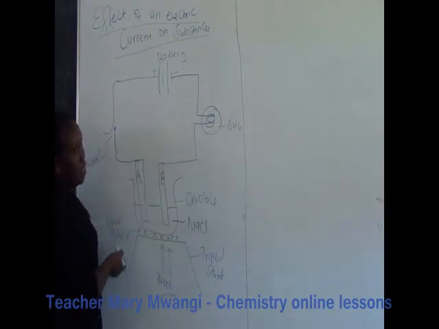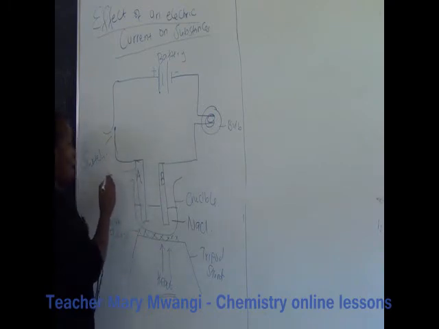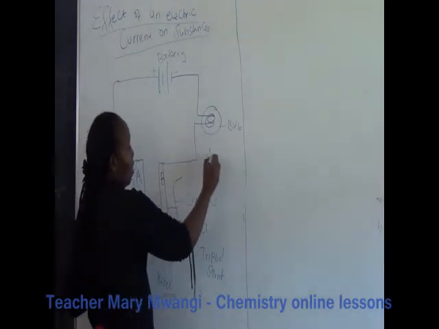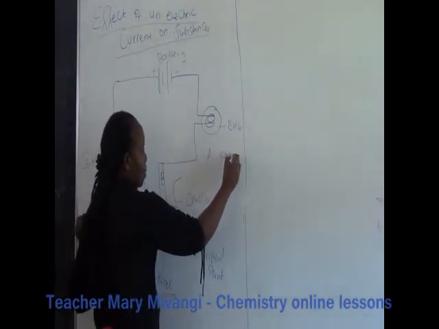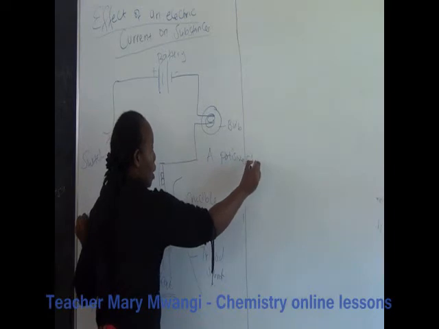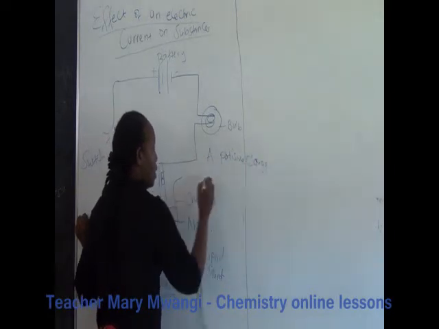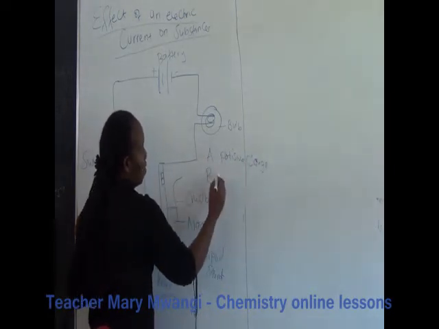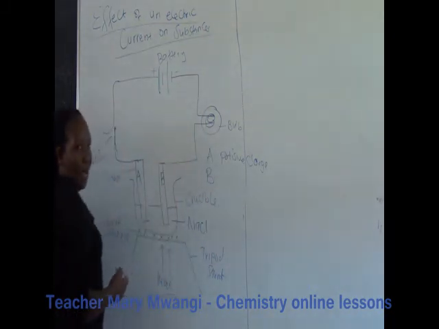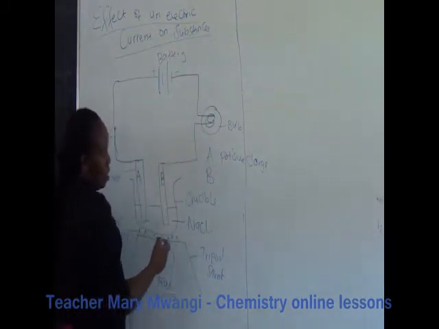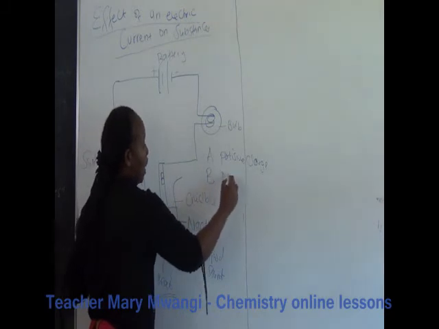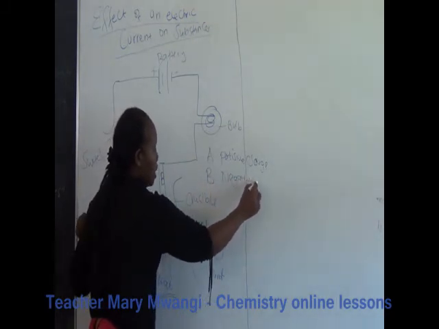The one connected to the positive terminal, that is rod A or electrode A, is going to have a positive charge, whereas B, being connected to the negative terminal, will be negative.